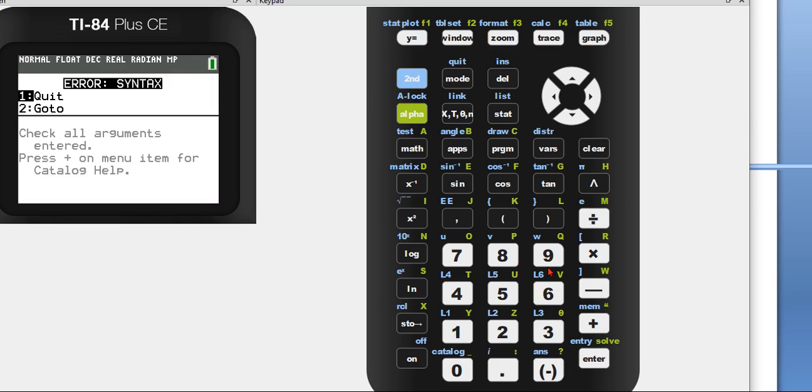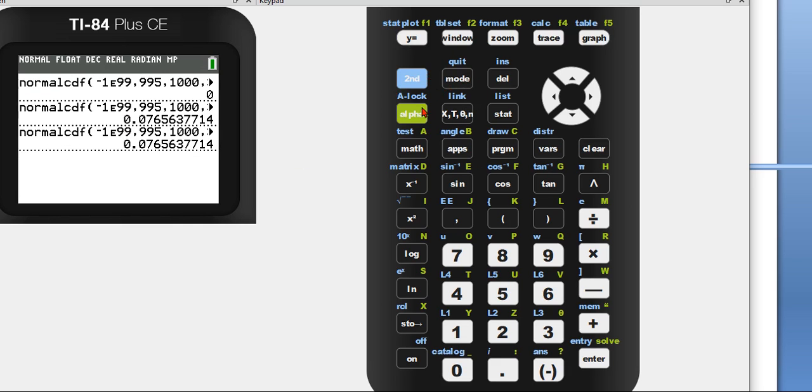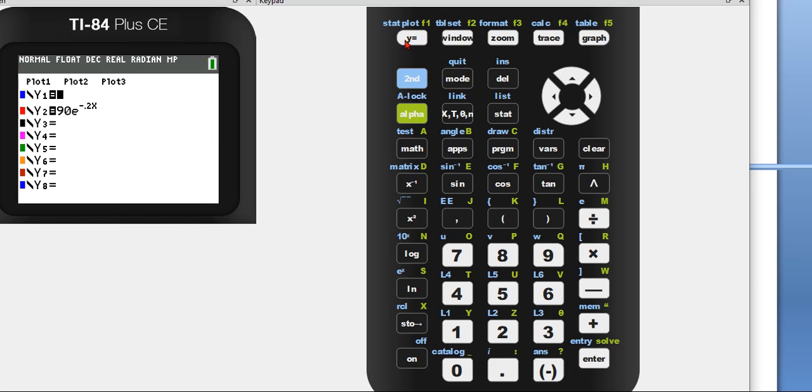Zoom standard is okay, but something is wrong with my function. Probably I didn't put the proper minus here.